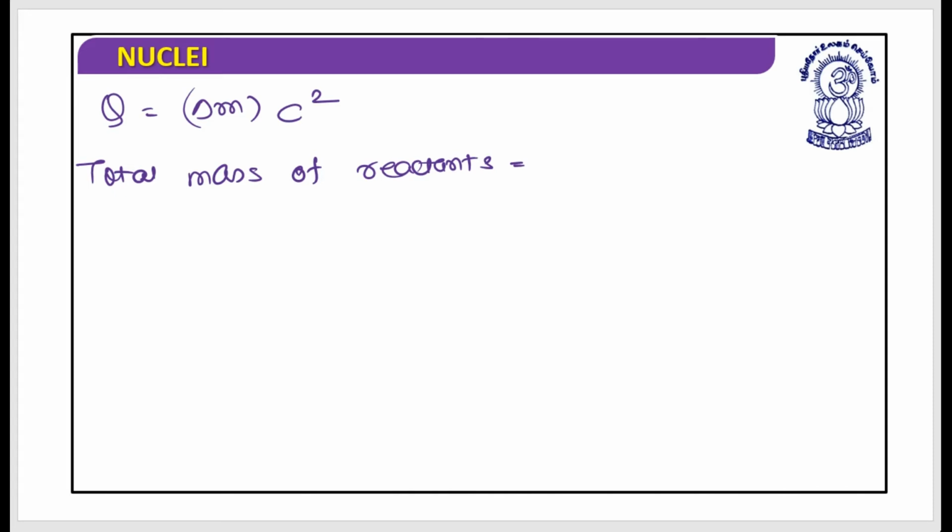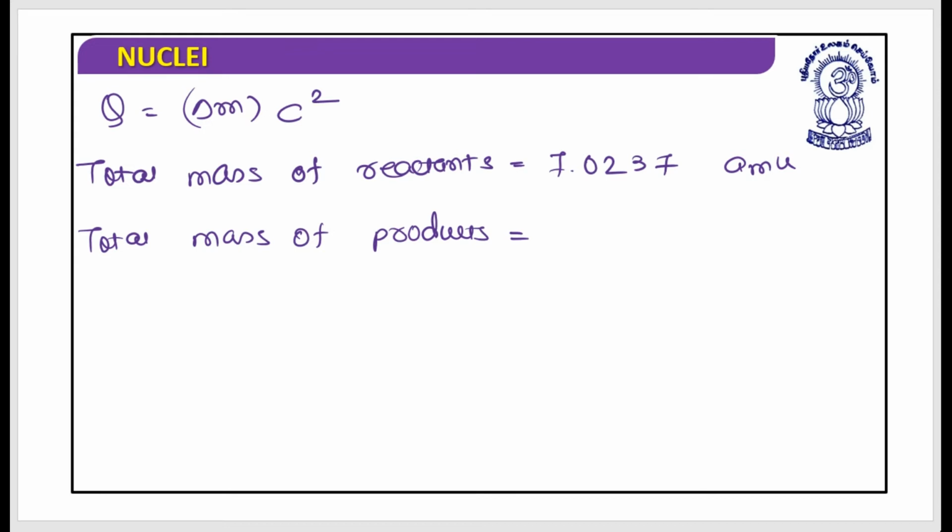If you add this, it is approximately 7.0237 AMU. In the same way, the total mass of products is approximately equal to 7.0186 AMU.